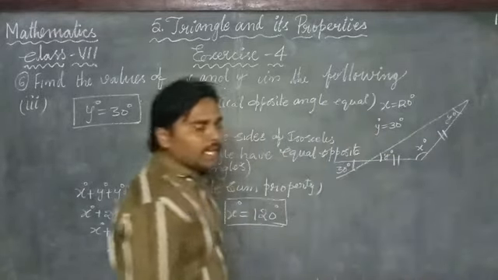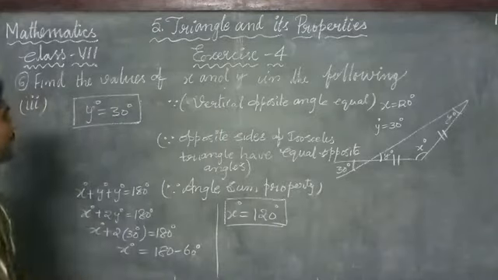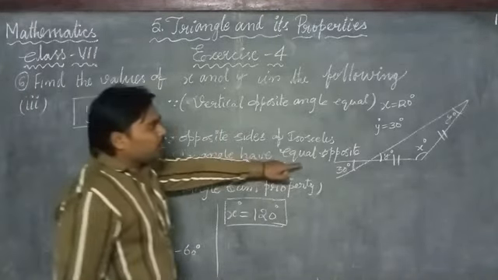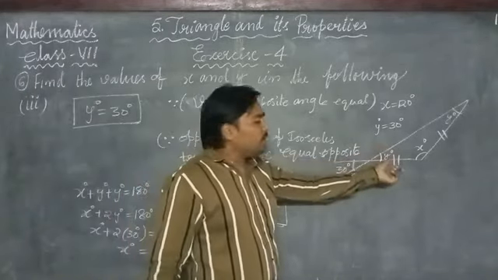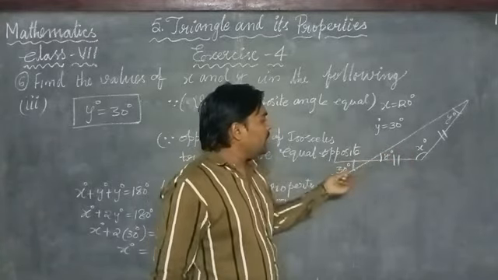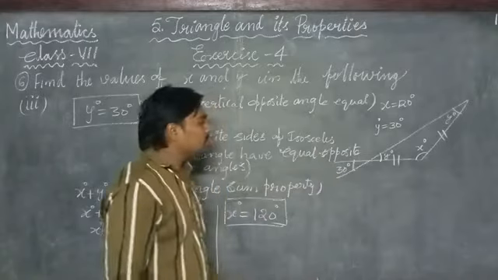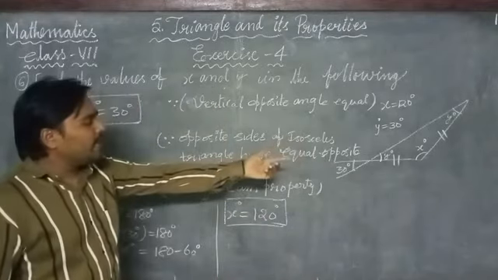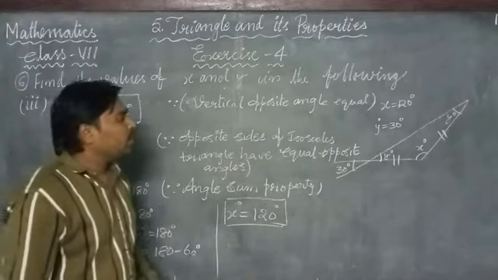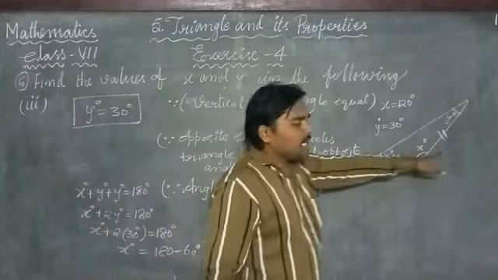Once again I am saying, here they had given a triangle with angles x, y, and the vertically opposite angle is 30 degrees. From the property of vertically opposite angles, we have y equals 30 degrees. Here they had given the isosceles triangle.